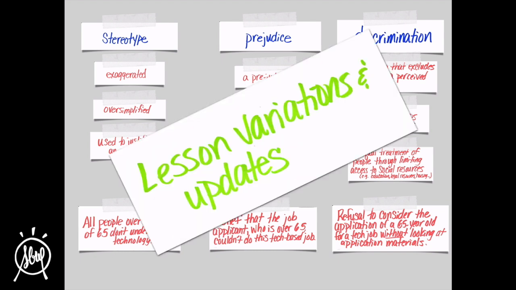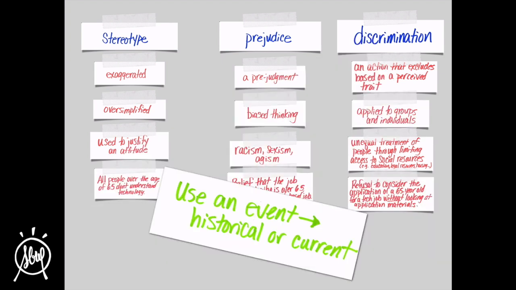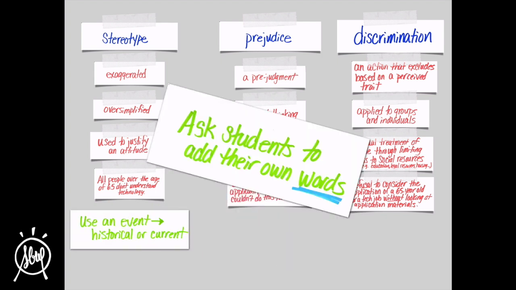But I also have been thinking about some lesson variations and updates that might be really interesting to attach to this lesson. So on these orange cards, perhaps you could use an event, either historical or current, which would be really helpful in getting students to think about those concepts.